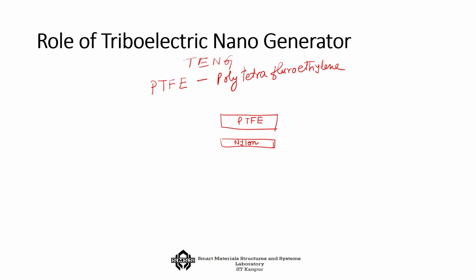Nylon is a giver, donor, and PTFE will take the electrons. If you keep a dielectric system here, definitely there will be a voltage generation now, because of the electrons it is going to catch. So, all the electrons will line up here, and all the positive charges there. So, it is going to create a voltage.